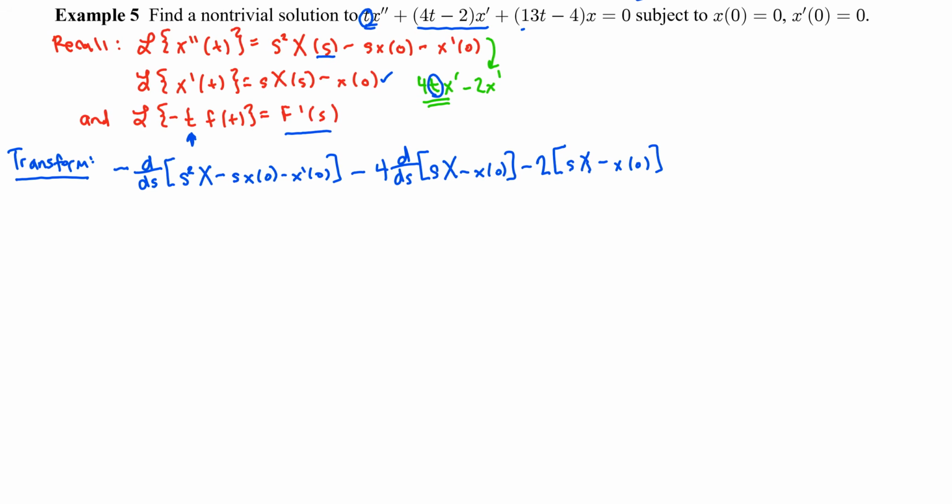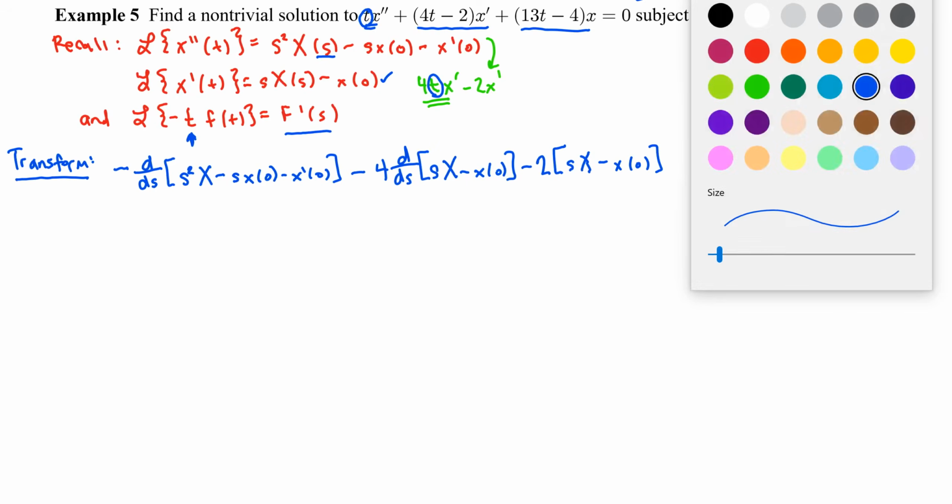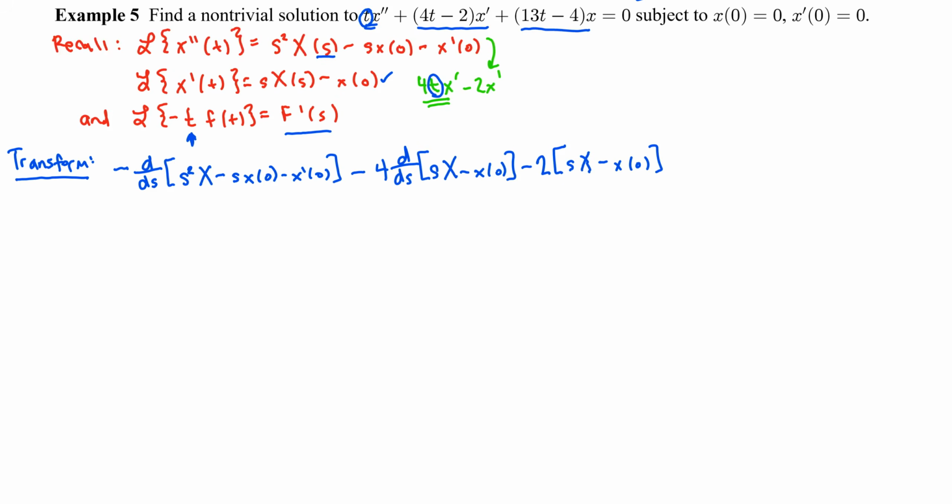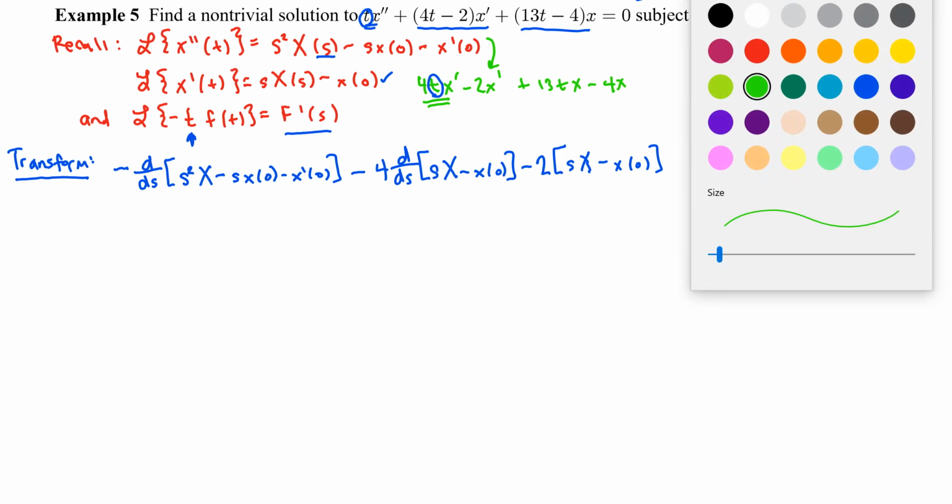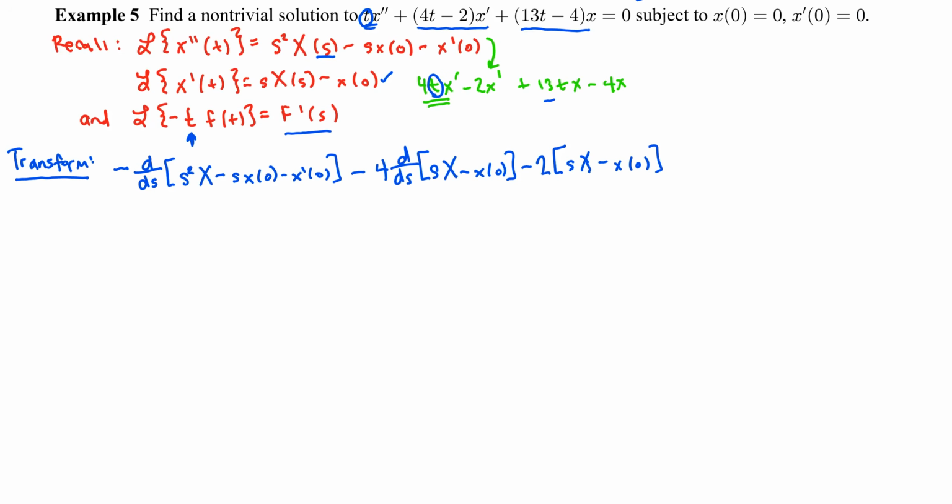Okay, moving on to our third term, let's go ahead and distribute like we did before. Let's call that 13tx minus 4x. So we're working on transforming 13t times x. So we have a 13, we're going to factor that out. We have the presence of the factor t, not negative t.